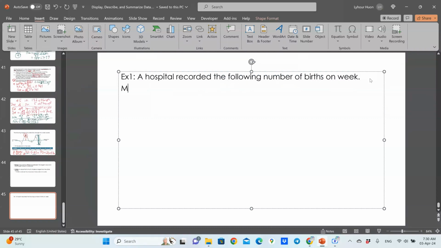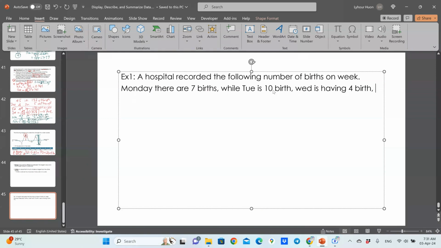Monday there are 7 births, whilst Tuesday is 10 births. Wednesday is having 4 births.